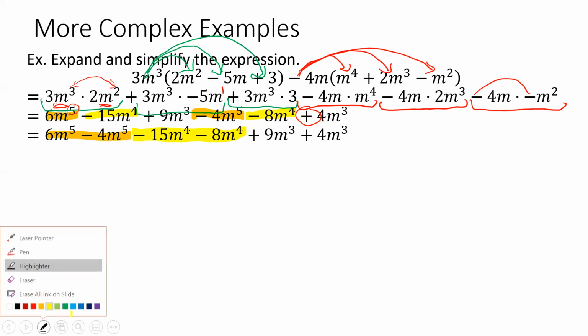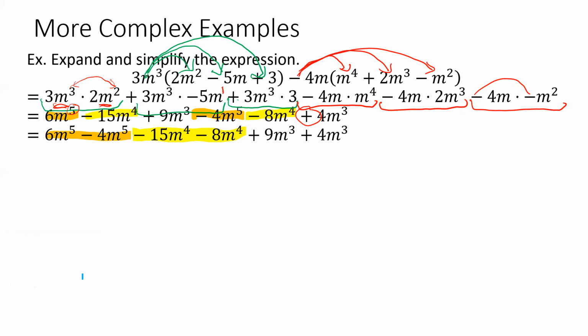And then finally, we have the very last one here, which is 9m to the power of 3, which is like terms with 4m to the power of 3, and I simply put them next to each other as well. Notice that if I ever move the first term, and you notice that there's no sign at all, don't forget that that first term is automatically positive, right?